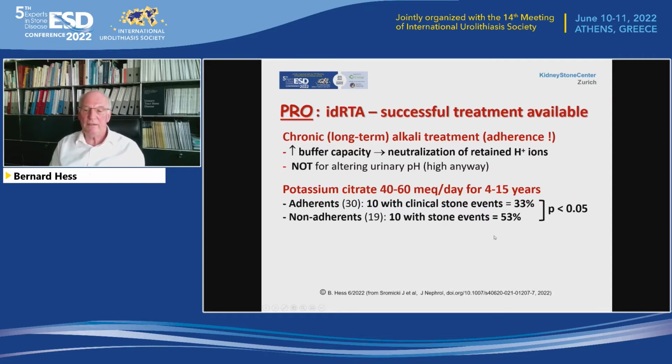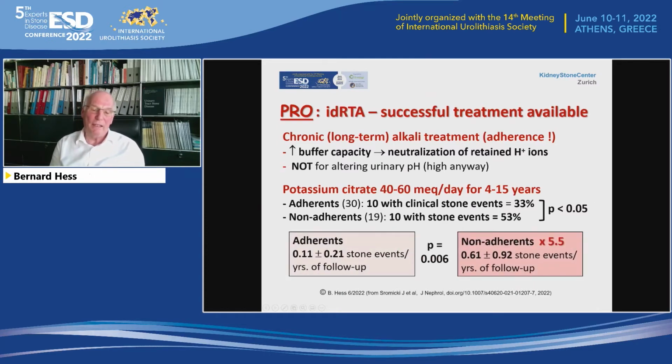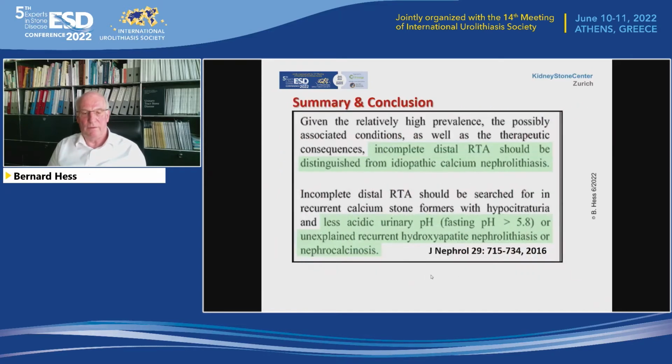The non-adherents had 53% stone events. This was significantly higher. And if we looked at the activity of the stone disease in these rather young patients, the non-adherents had a 5.5 times higher stone activity during the observation period. This was highly statistically significant.